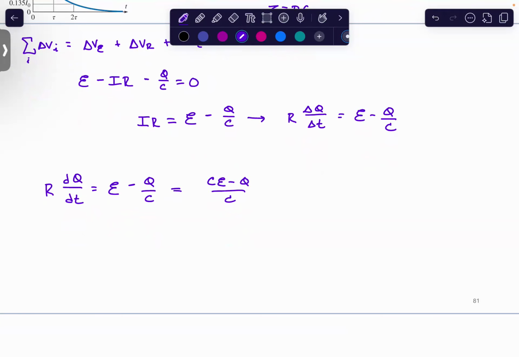Now, what I'm going to want to do is get the Q on the side of the DQ, and I need to get the RC and the DT over by themselves. I'm going to start using primes. You'll see why.